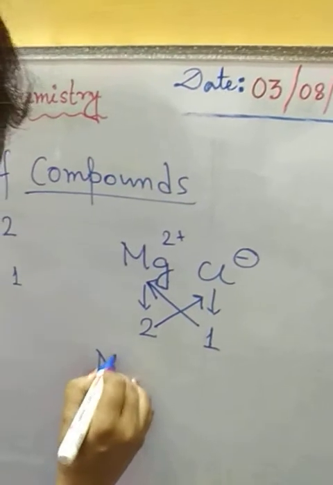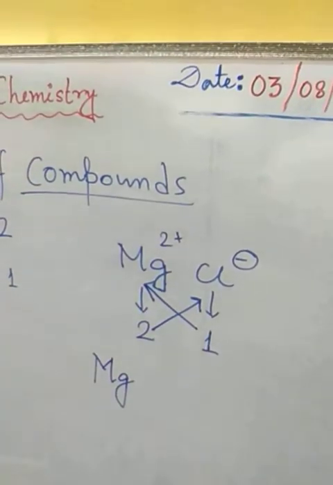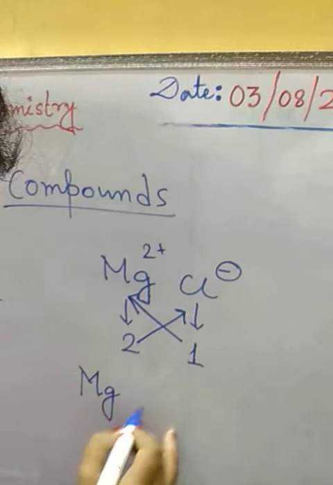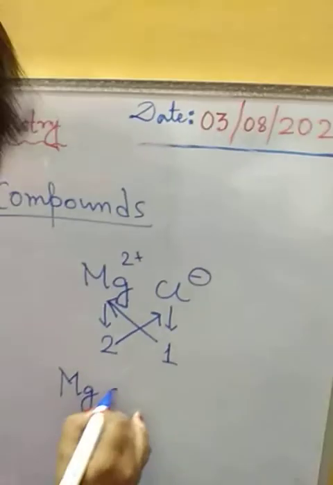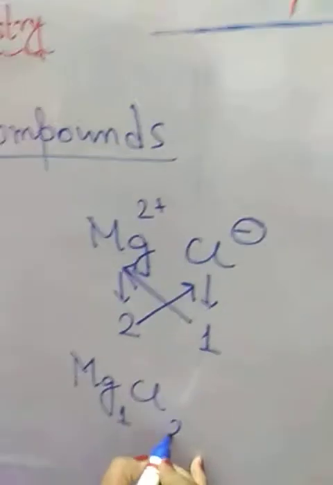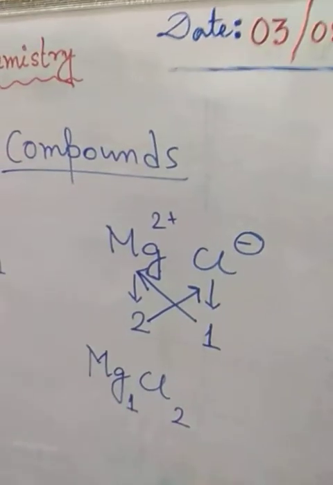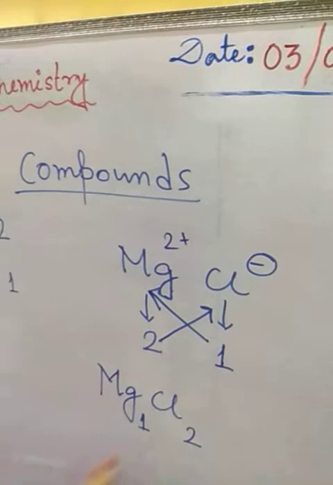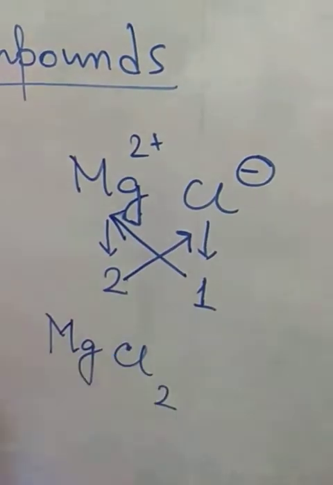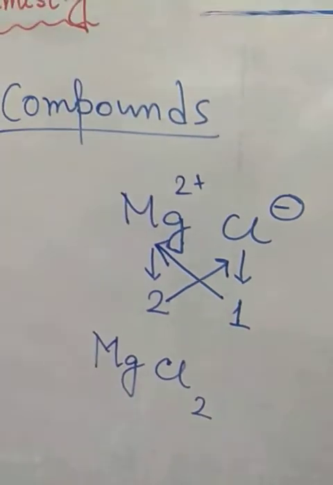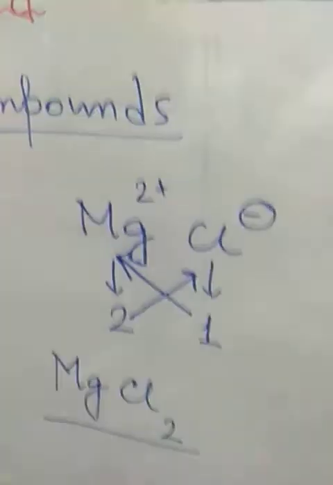So we get Mg1Cl2. As this is 1, we can remove it. So simply MgCl2 will be the molecular formula of magnesium chloride.